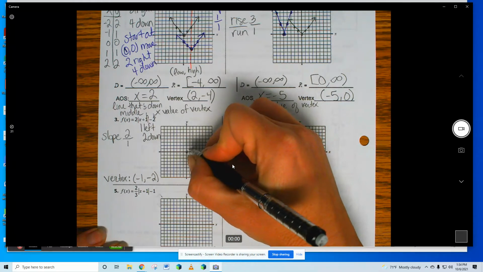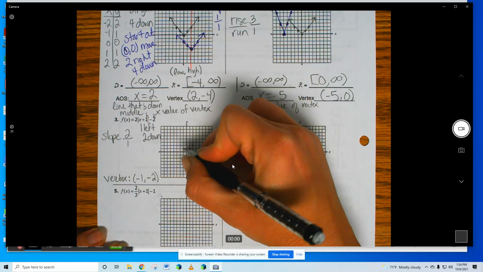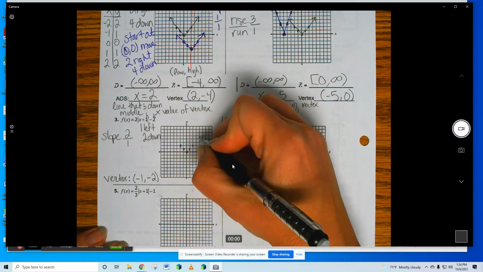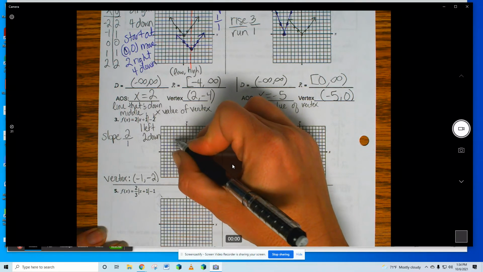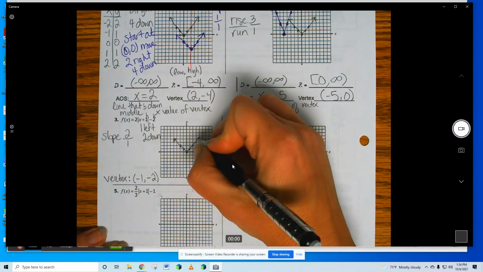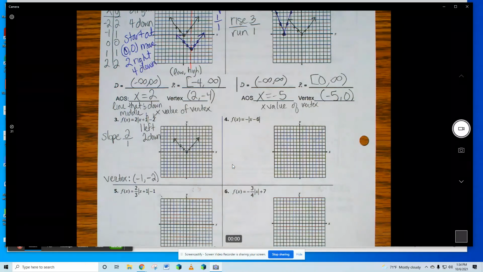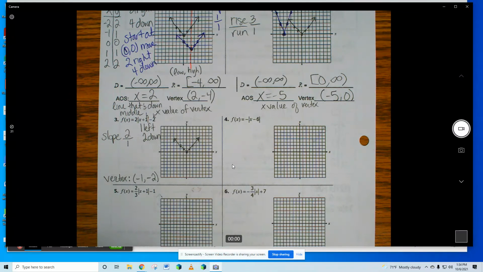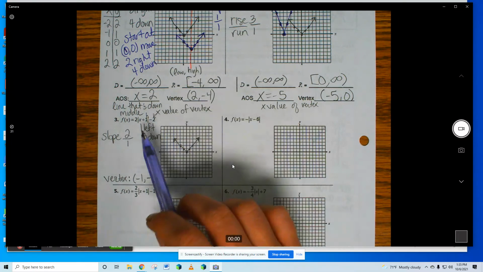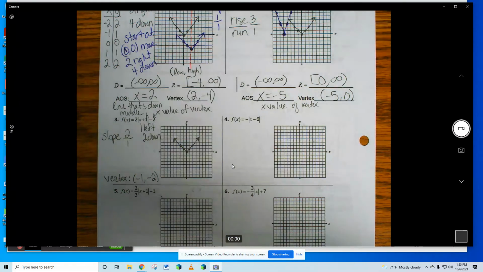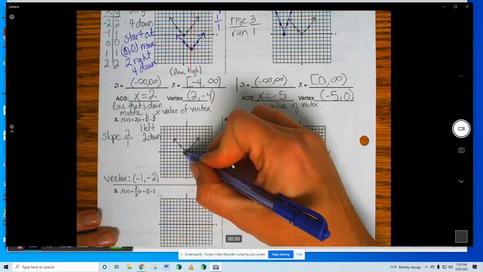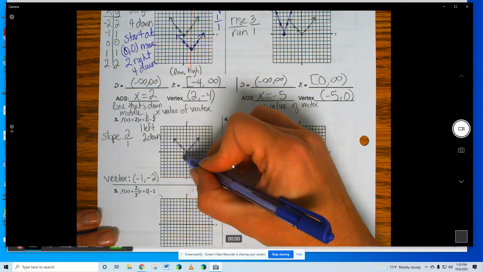Step 1. Always, always map out your parent function. Step 2. Now, 1 to the left and 2 down. Change my vertex. -1, -2.